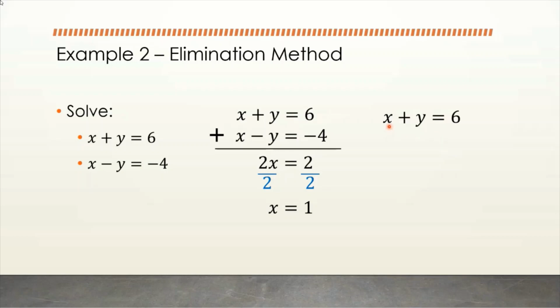Now I'm replacing the x with 1, so I have 1 plus y equals 6. You can probably guess what y is, but I'm going to subtract 1 from both sides, and I get y equals 5. My x is 1, my y is 5, so my answer is (1, 5).